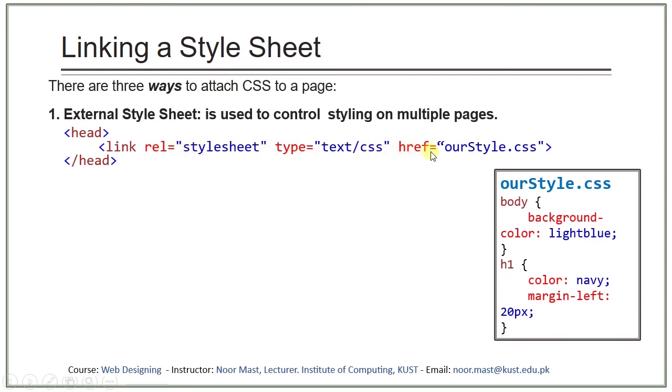One of them is the href attribute, which specifies the location and name of the CSS file, while the type attribute is used to specify the type of the file. The third attribute is the rel attribute. It specifies the relation of the CSS file to the HTML document. So this is the way to link an external style sheet file to a web page.